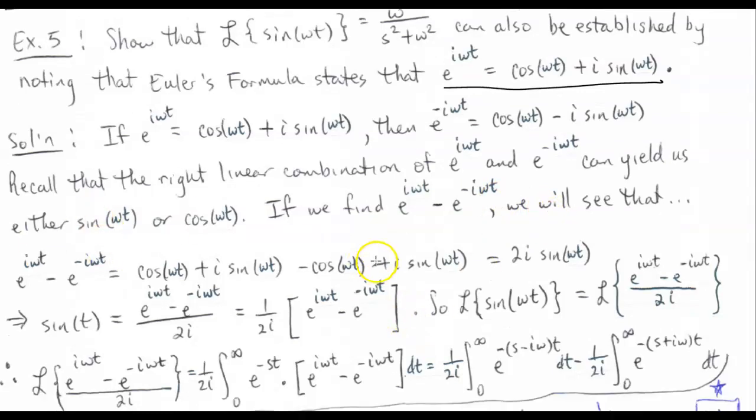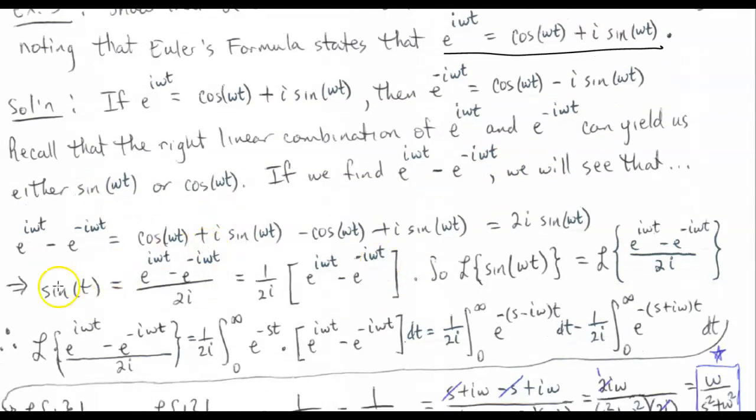And in this case, we see that sine of t is actually equal to this expression here. And so if we were to split it up, of course, factor out the 1 divided by 2i, then we would have this situation here.